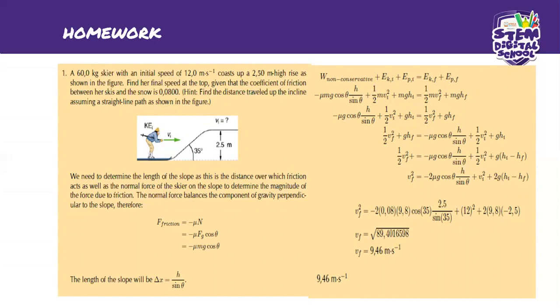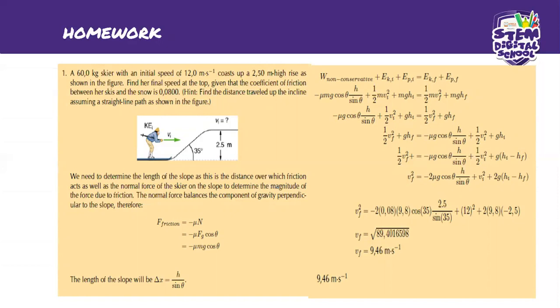You can test yourself to see if you know how to do this work-energy, because these things are very complicated, especially if you do not understand them. Number one, you need to know the formula for work non-conservative, which in this case is change in EK plus change in EP. You need to know what work net is, which is the change in kinetic energy.